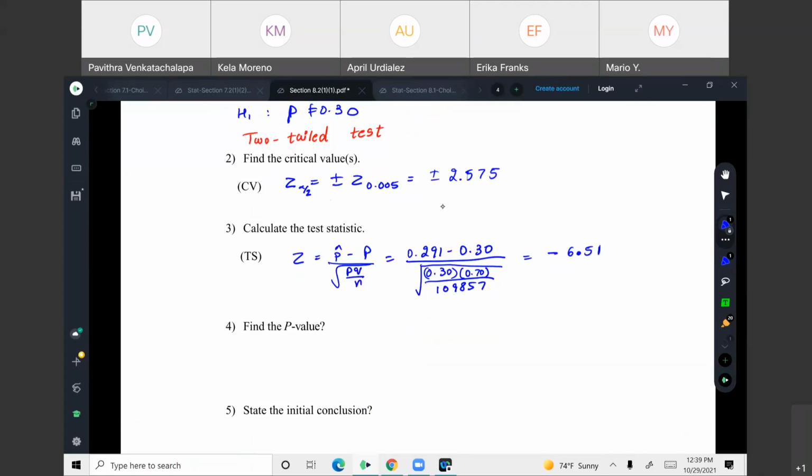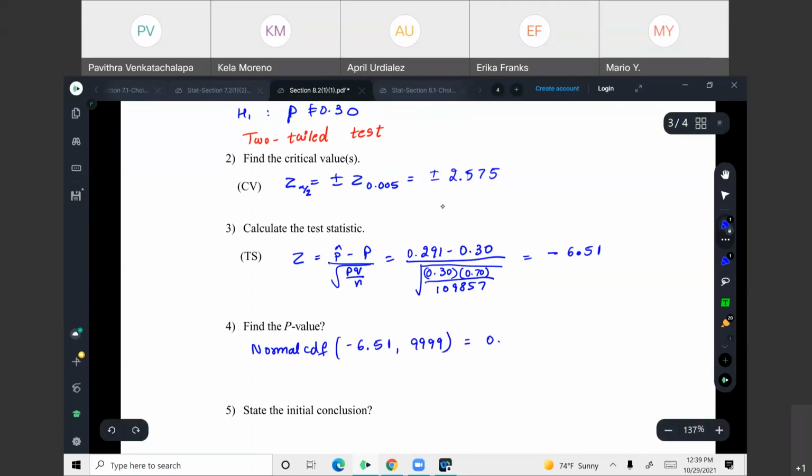Now, while calculating the p-value, use Normalcdf. Since it is a two-tailed test, you can either use a less than symbol or a greater than symbol. You'll be getting the same value. So let's say I use greater than, and here I put it as 99. So this also I got 0.001.